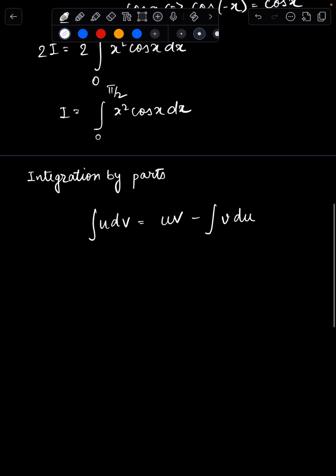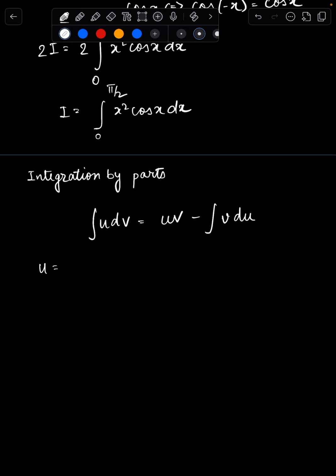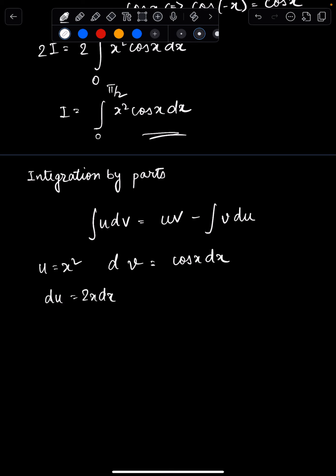Okay, so this is how the formula goes. So my u can be x square, since I'm trying to solve for this. Then dv is equal to cos x dx, and du will become 2x dx, and v is sine of x.